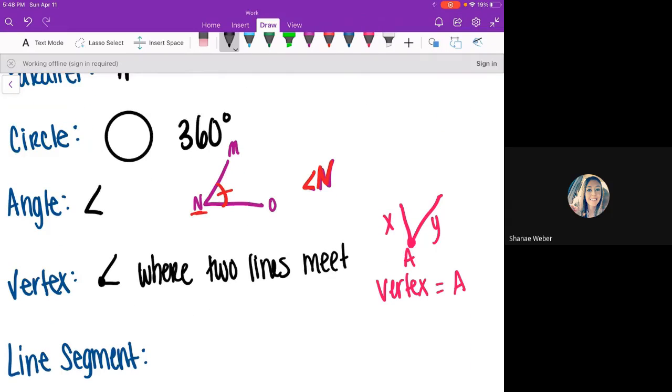The next one is a line segment. And a line segment is just a line like this. And the important part of a line segment is it ends. It has two endpoints. And I'm just going to write that to the side. Has two endpoints.